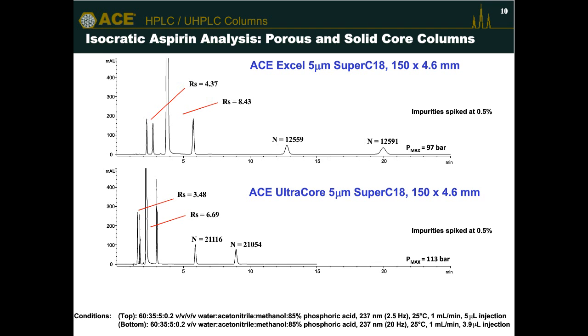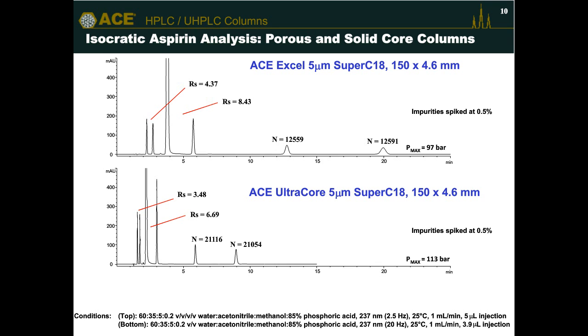And the only difference that we made when we ran the method on the solid core column shown at the bottom of the slide is that we changed the sampling rate of the detector. So we actually turned it up from 2.5 hertz to 20 hertz so that we could fully describe each peak. And we scaled the injection volume because, as I mentioned earlier, we have less porosity on a solid core phase. So for an accurate translation, we should be injecting less onto these columns.